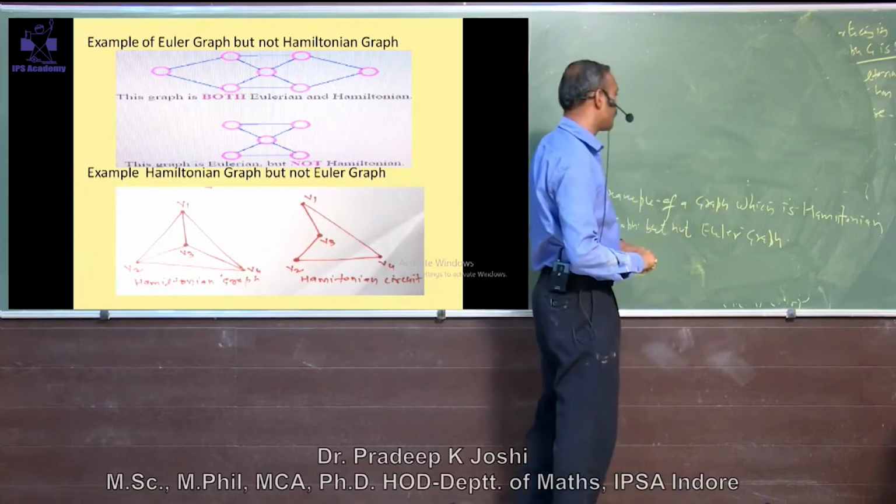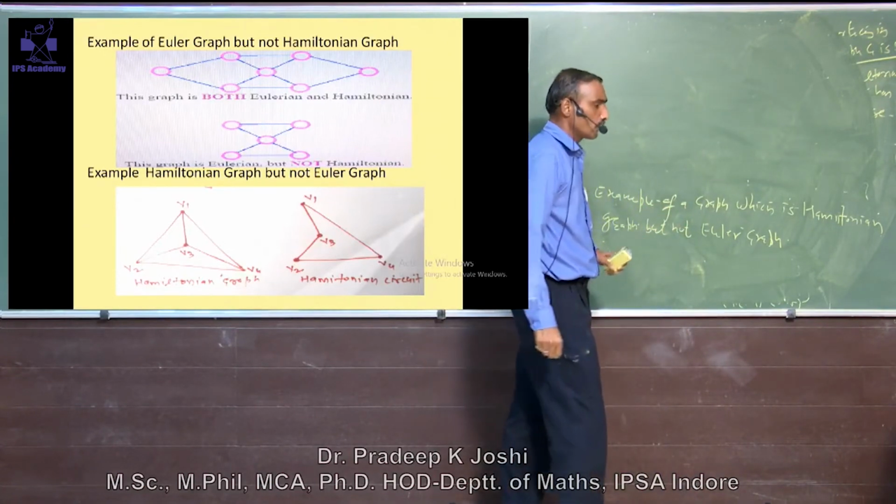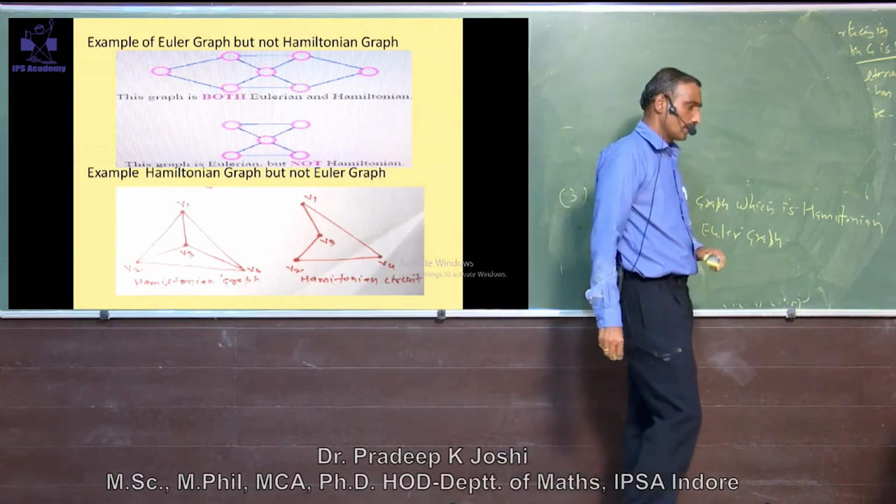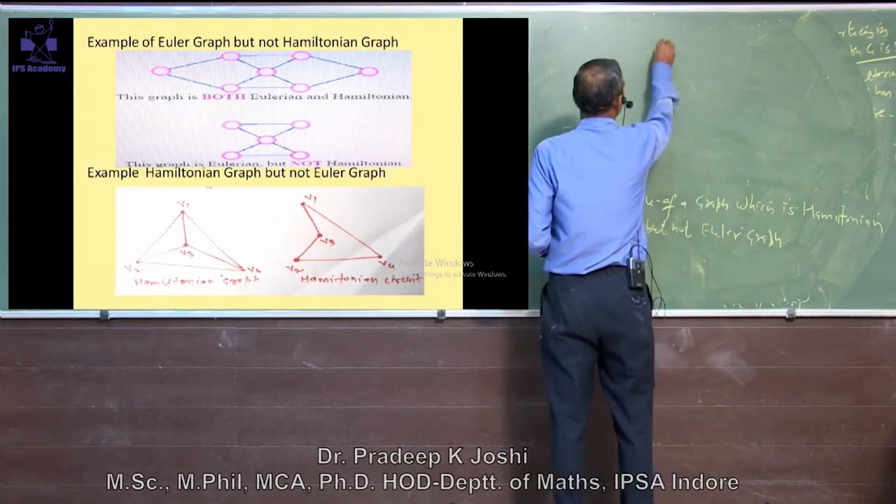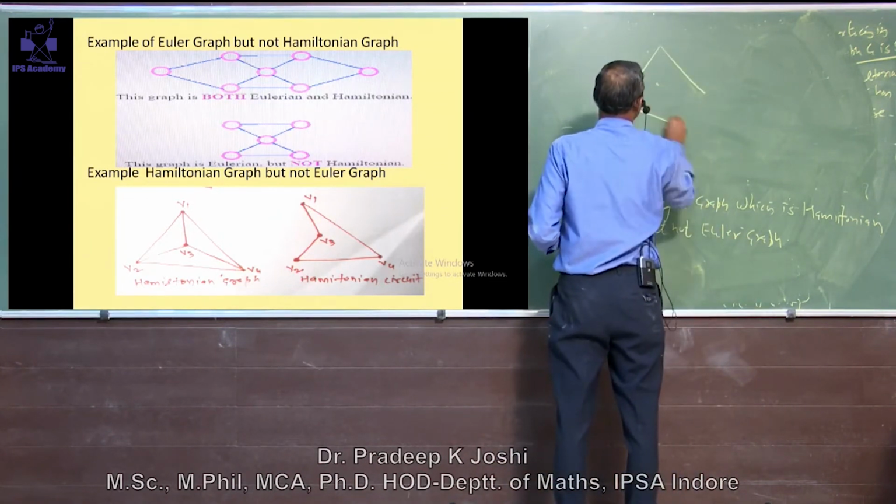The example of a graph which is a Hamiltonian graph but not an Euler graph. Okay, the example is given here.